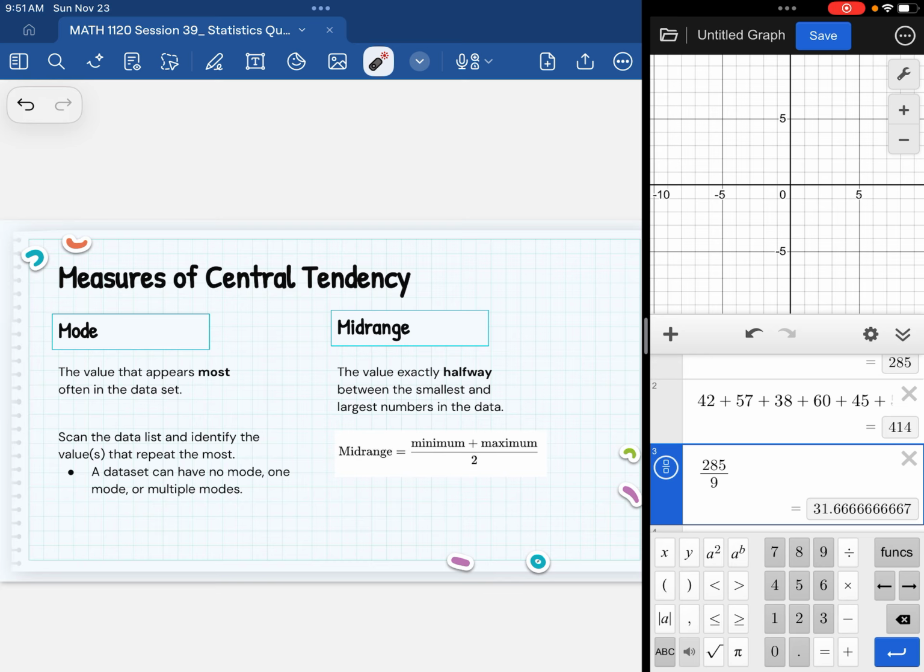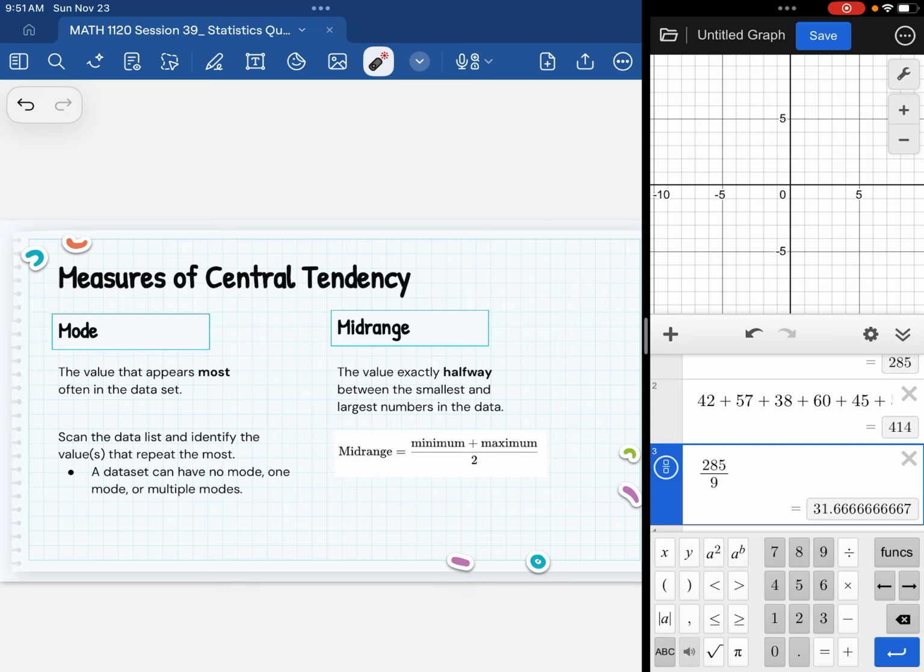That means there's no repeating numbers. Or it is also possible for there to be multiple modes. If we had 2 students that had $50 fines instead of that $900 fine, then we would have had 2 modes for that example.